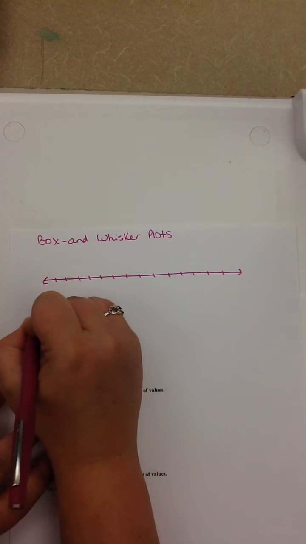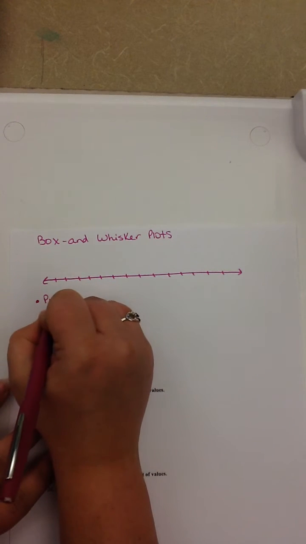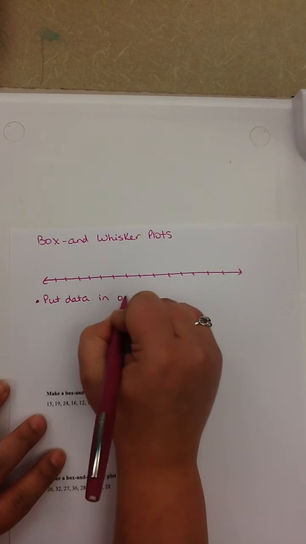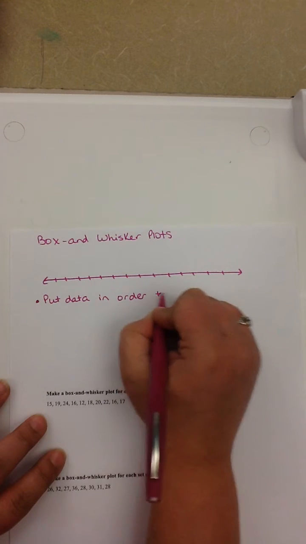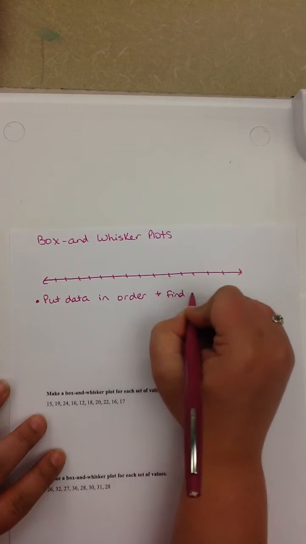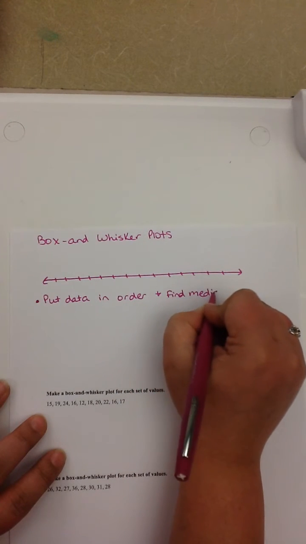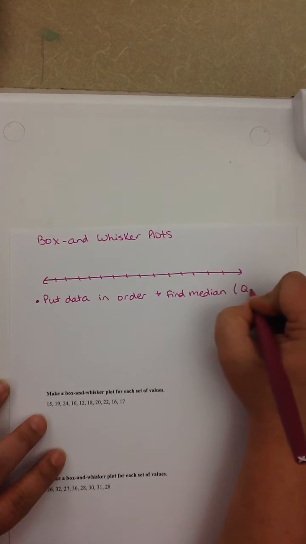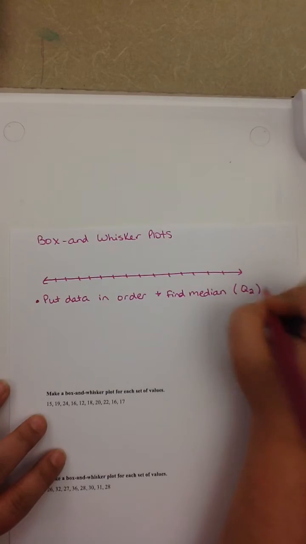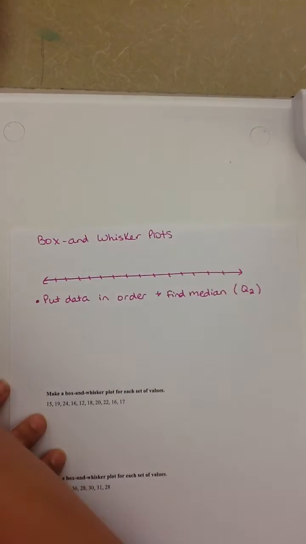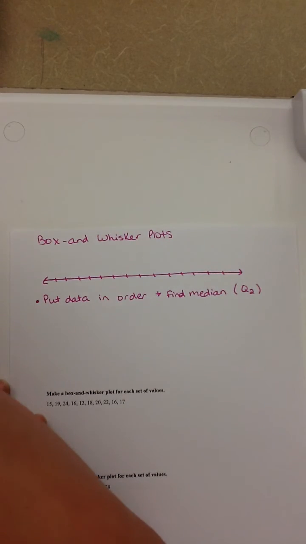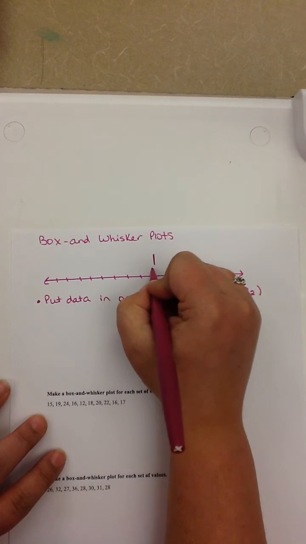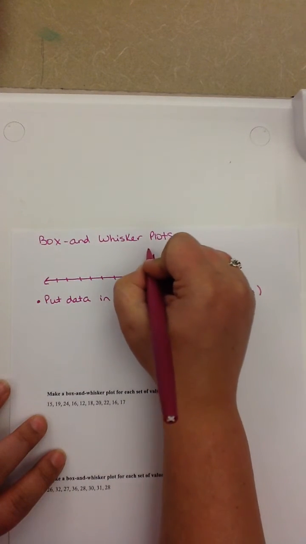And you will need to take your data and put it in order and find the median. Okay, that gives us something called Q2. And that will be in the middle here of my box. And that's the median.